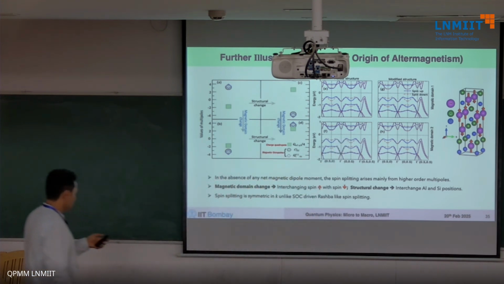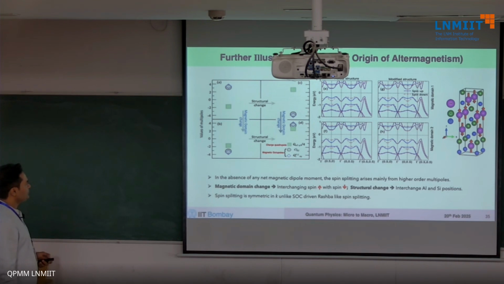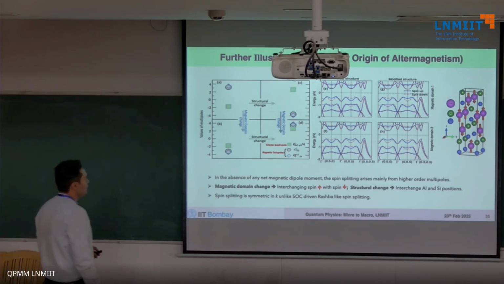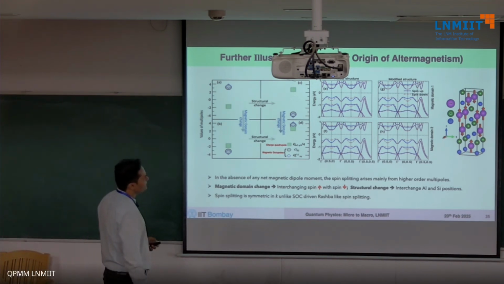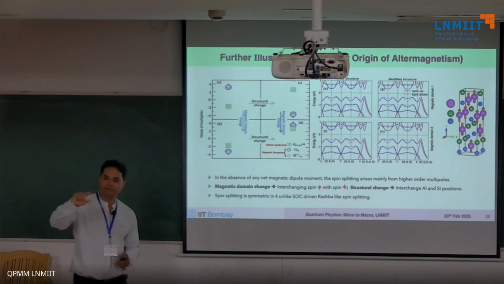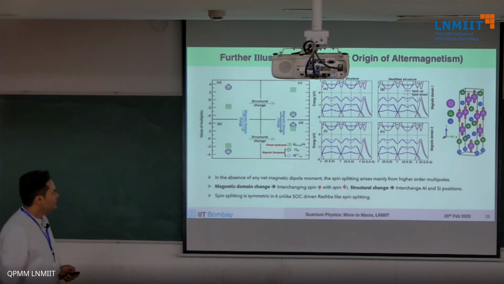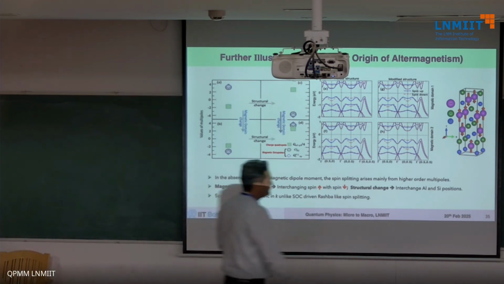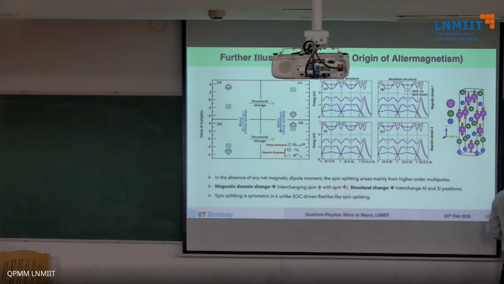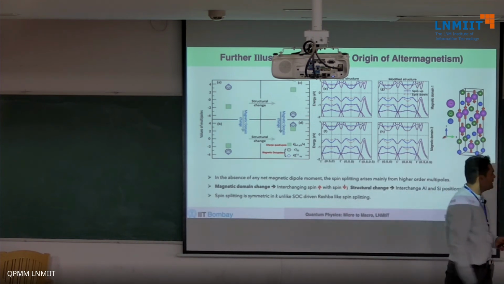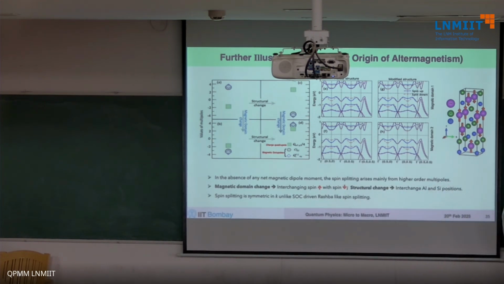Okay, this is just a quick demonstration of how sensitive my band structure is in terms of showing spin up and spin down, as I change this environment, or as I make this up and this down.